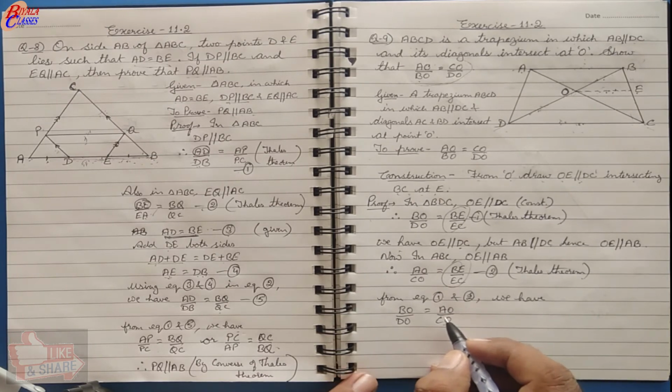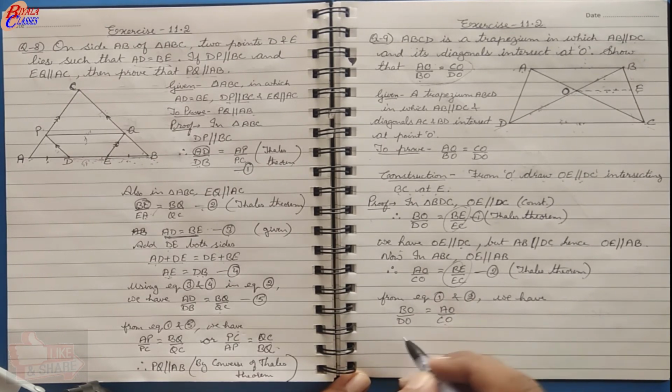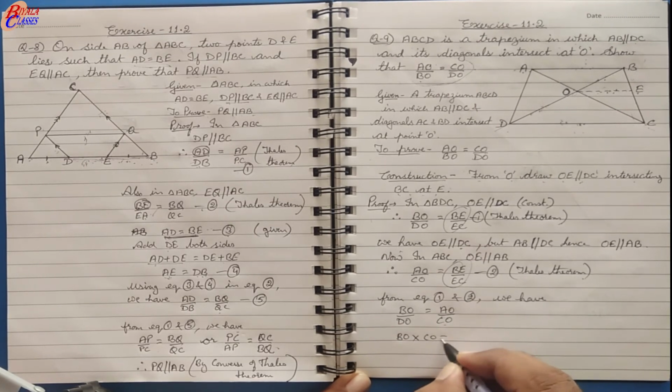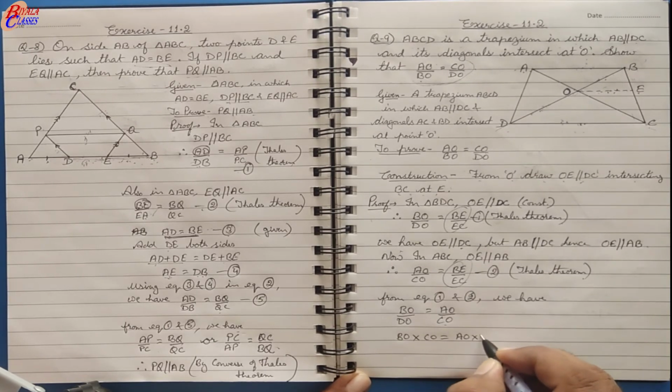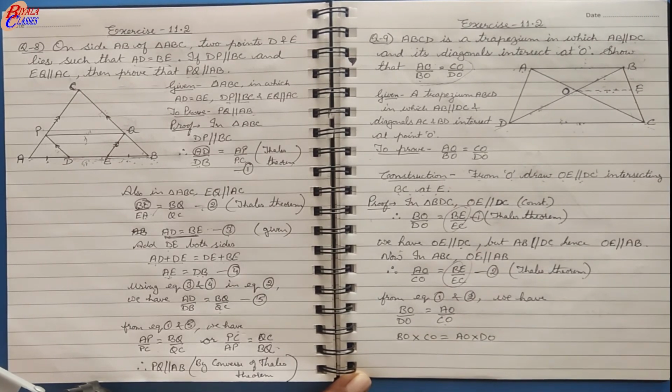What you do is simply cross multiply this. You can do it as BO multiply CO equals AO multiply DO. This step is optional, so on cross multiplying, this is what we get.